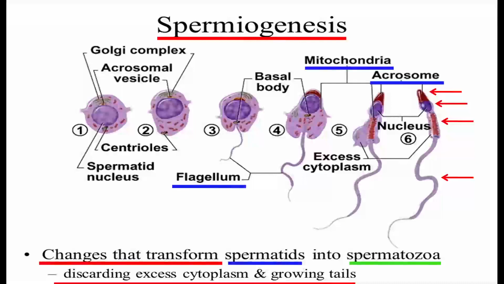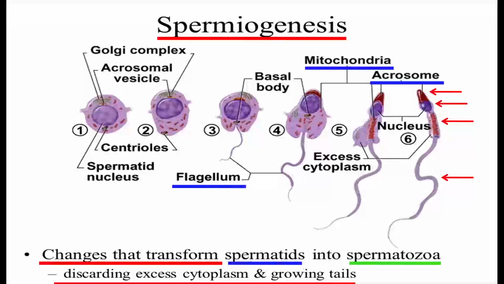These are very essential because they are the powerhouse that will move the flagellum. Plus, we now have the essential parts of the sperm: the acrosome, the nucleus, the powerhouse of the mitochondria, and the flagellum. Then there is excess cytoplasm, and this is pinched away and discarded.